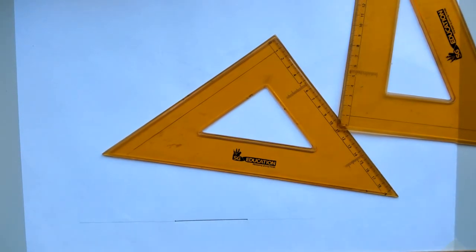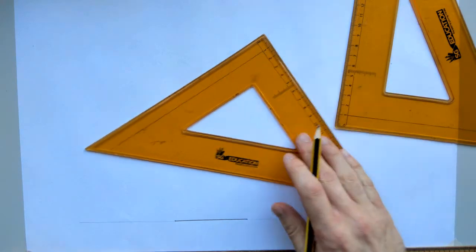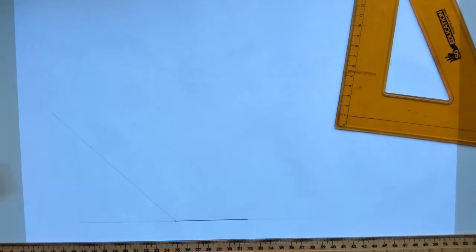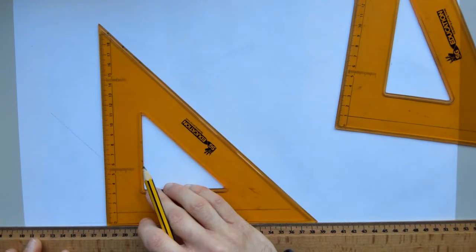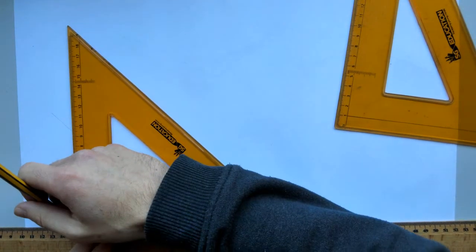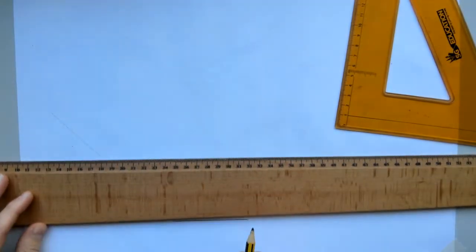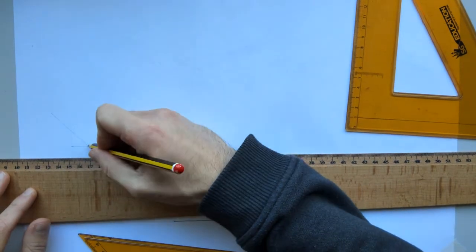And then we're told that from B to C it's a height of 80 and is at 45 degrees. So just draw a line up here, measure off 80 mm, and take that across to hit it.